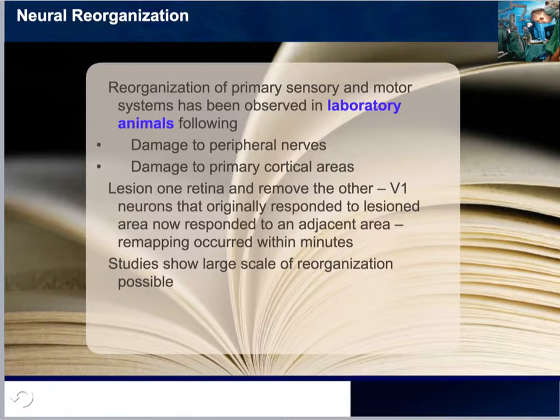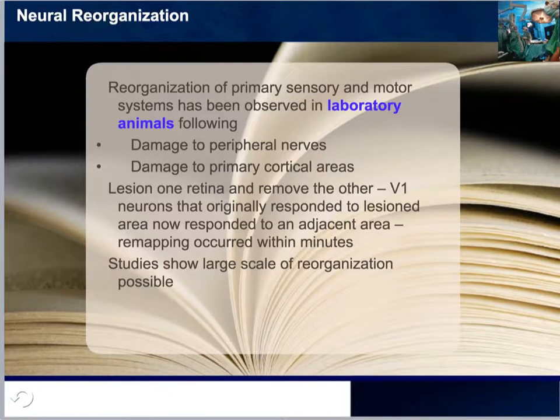The demonstrations of cortical reorganization are about 2 decades old now, going on to 3. And there were 3 primary studies that were influential in our understanding of the way the cortex reorganizes after neural damage. In 1990, researcher Kaas and his colleagues assessed the effect of making a small lesion in one retina and removing the other retina.